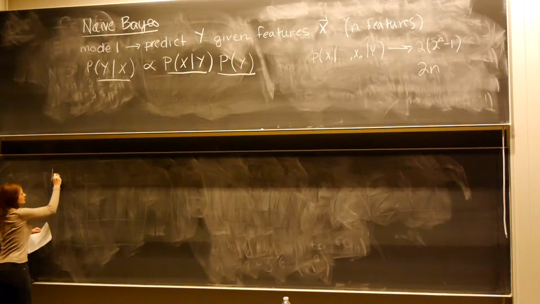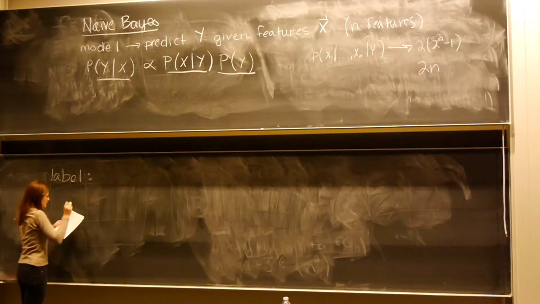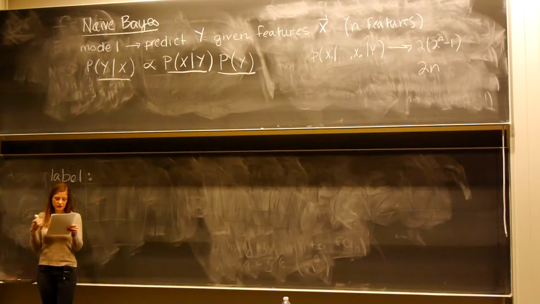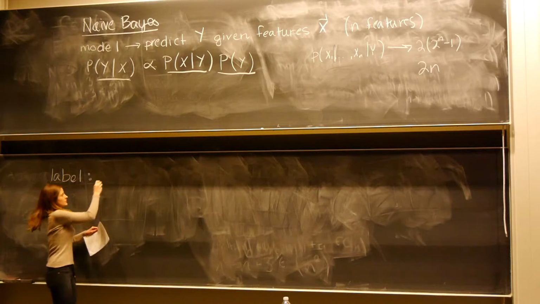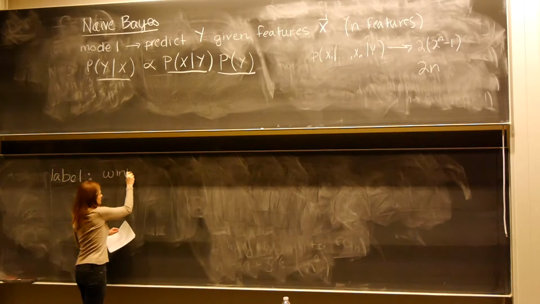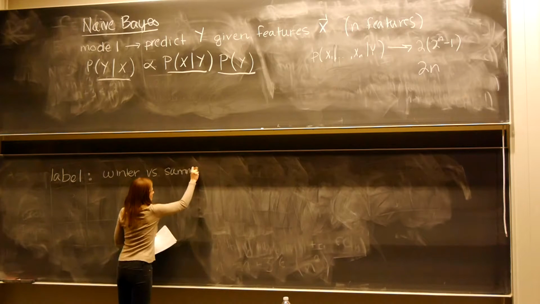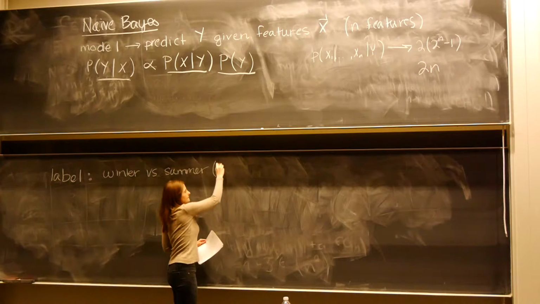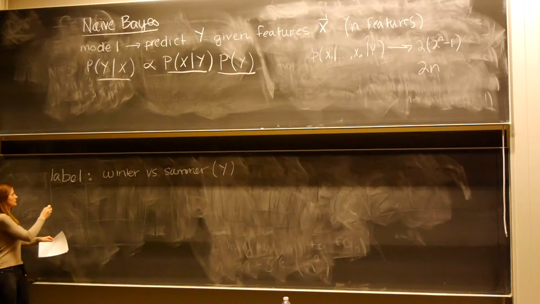Okay, so let's say you're trying to predict whether it's winter or summer, right? So your label could be, is it winter? Or we can write winter versus summer. So this is your y. Okay? And then let's say you have 2 features.